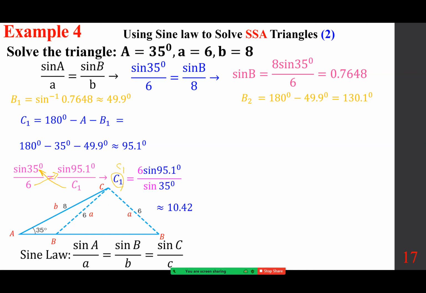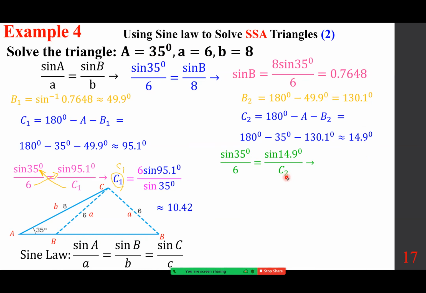For the second triangle, we're going to do the same thing, which means we're going to add these two, giving us 165.1, and subtract it from 180. So we're going to subtract this from 180, giving us 14.9 degrees. Again, we're going to use this one, sine 35 over 6, sine 14.9 over c sub 2.